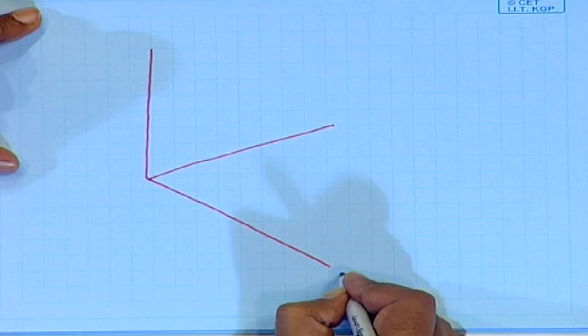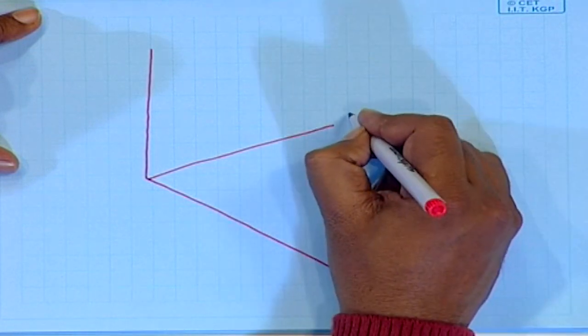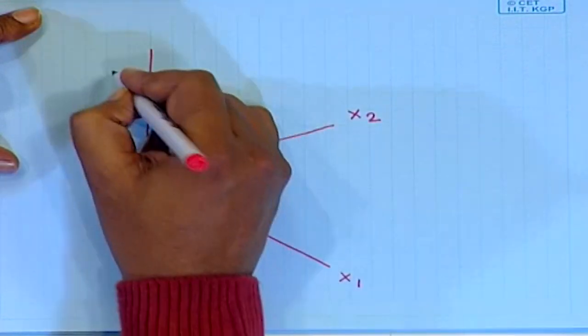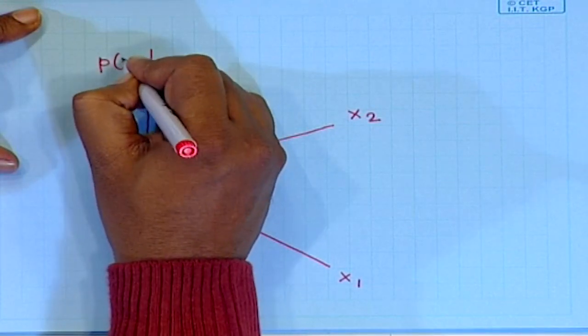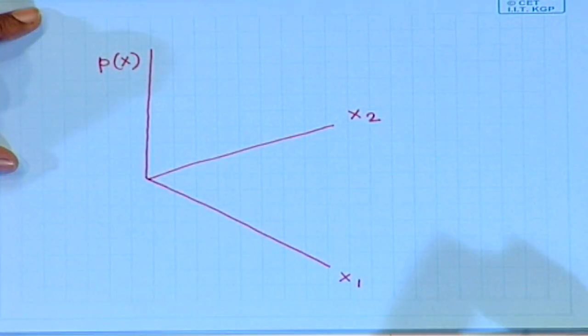So I put x1 along this direction, x2 along this direction, and p(x) along this direction.